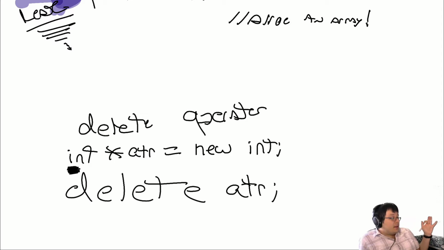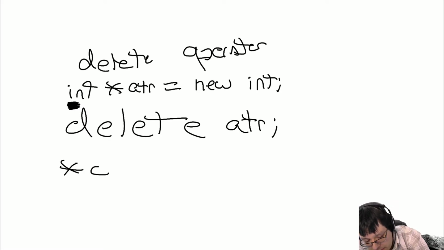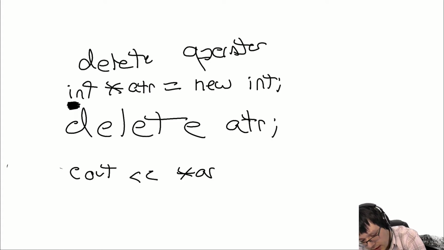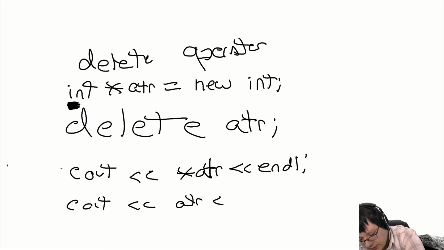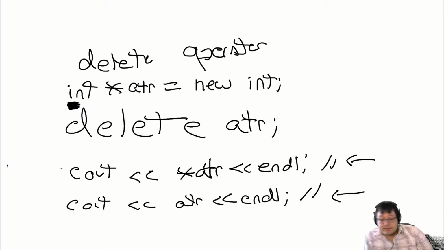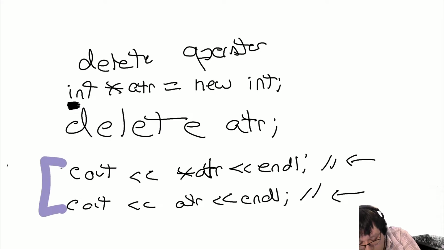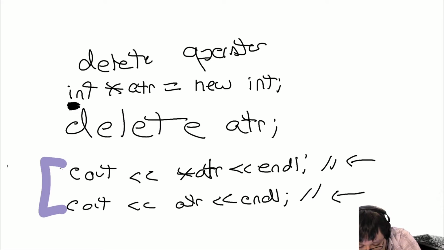Now what does that actually mean? If I try to do cout of *ptr, and I'm dereferencing it, which means I'm trying to see the contents of it, or even if I just do cout ptr like this, in either of these scenarios, let me add some space here.